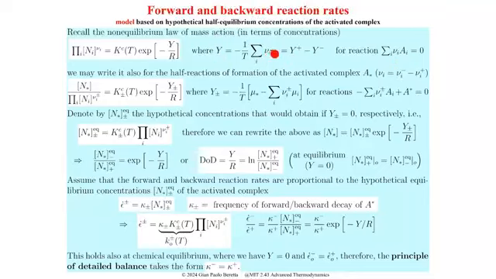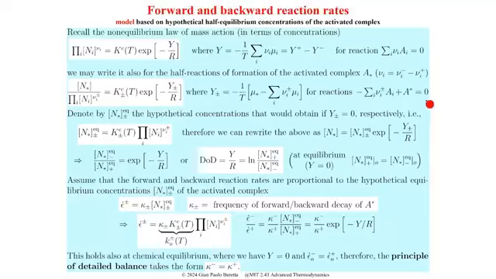It's the weighted sum of minus mu over T of the various chemical potentials. And here is the law of mass action, the non-equilibrium law of mass action. Now, let's consider also the half reactions of formation.